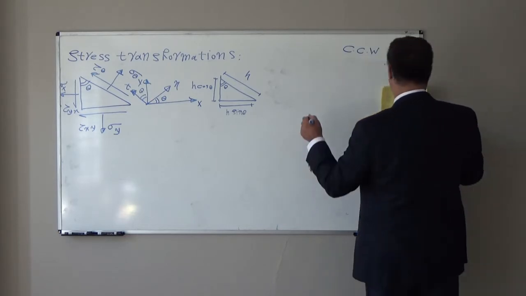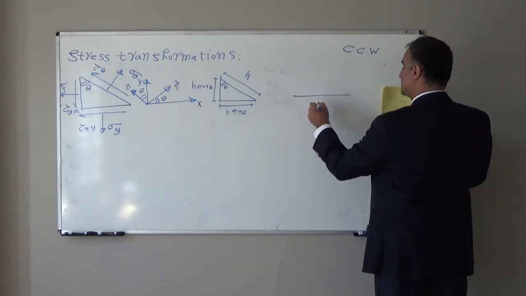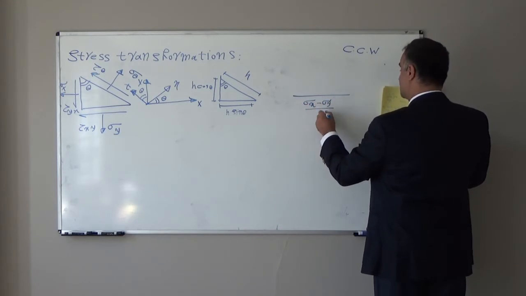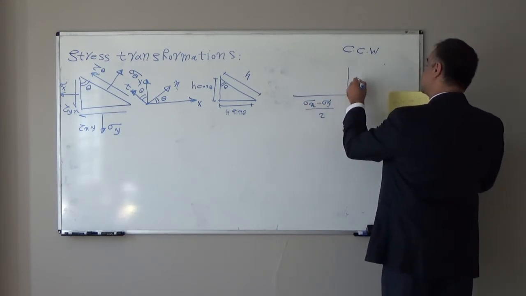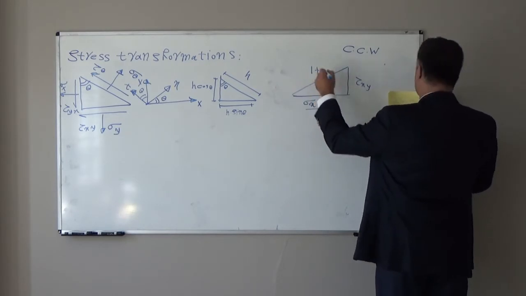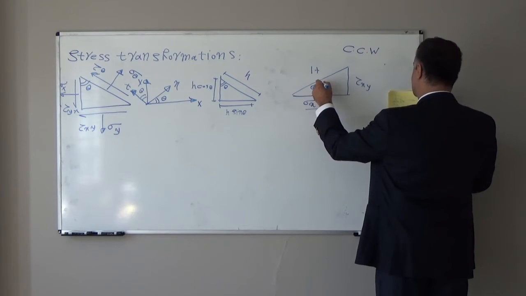Again, if we have a triangle, this side, we assume, is sigma x minus sigma y over 2, the height is tau xy, and this length is capital H, and we call this angle 2 theta p.